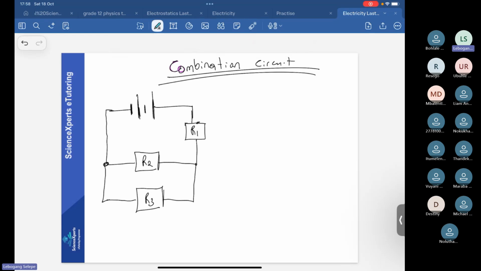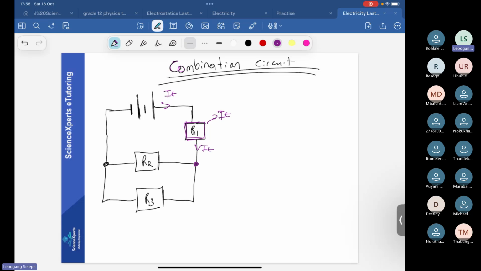So how would current flow in this circuit? It starts from the positive terminal. It's the total current that comes out of the battery. And you see that here, the total current would pass through R1. So the current here is still I total. Then the total current would get to this point where it divides, the point of division.